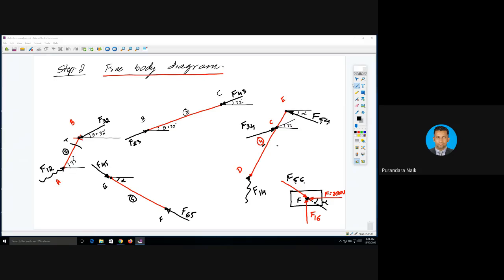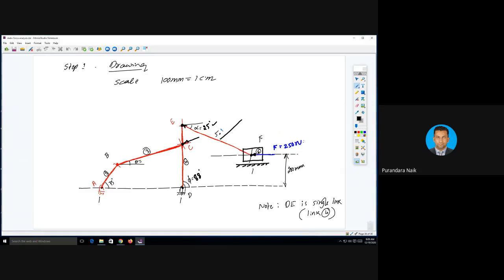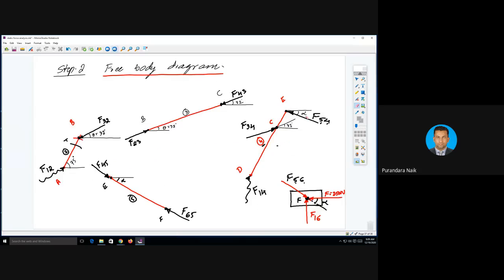But at point E, we have connected one more link, link number 5. There is no intermediate force acting on link 5, so the force acting on link 4 by link 5 will be along the direction of link 5. So this is F54.